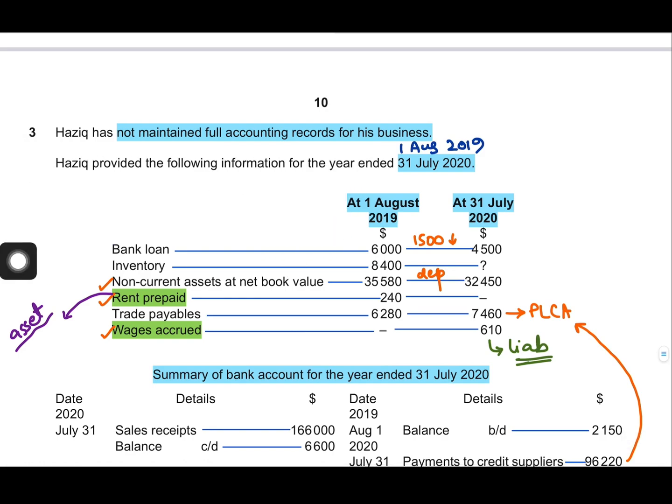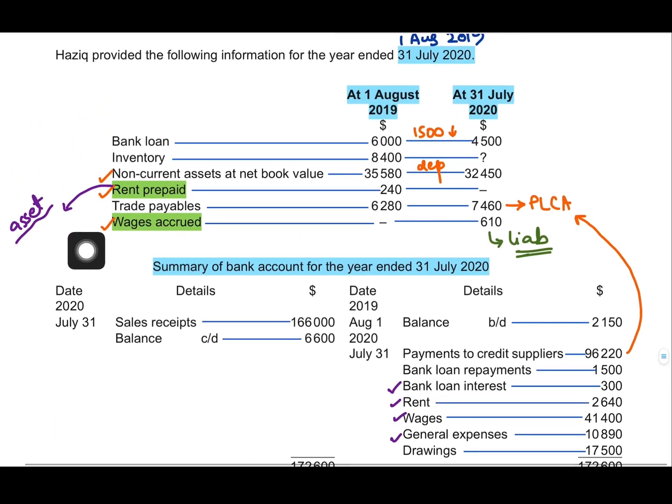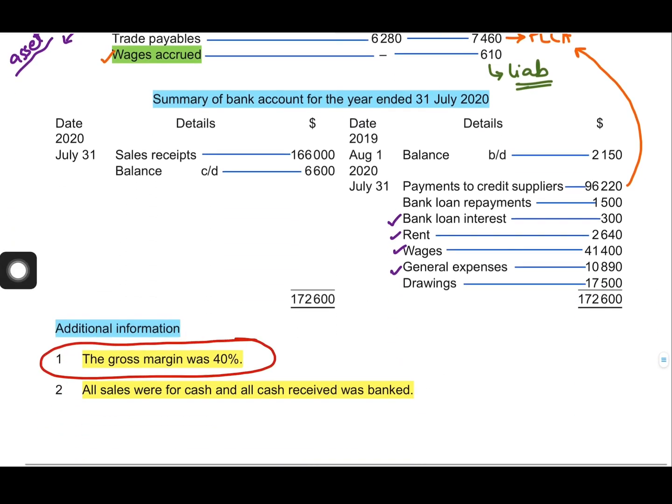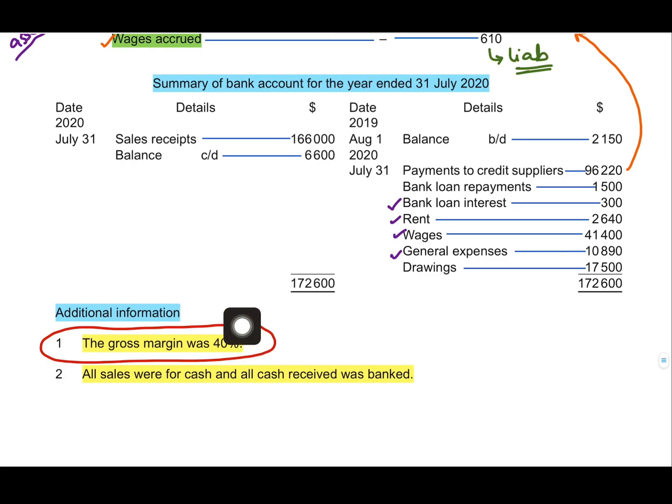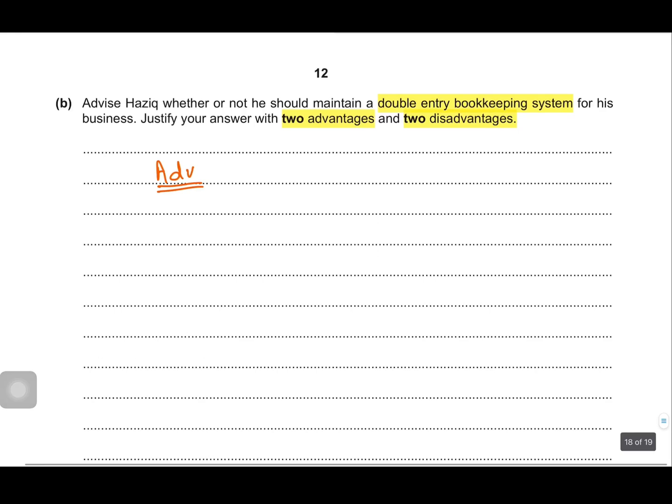That is why we prepared income statement in such a manner that we had to calculate depreciation using opening and closing balances, and we also figured out that there were some accruals and prepayments using the opening and closing balances, and of course there was no closing inventory, so we used the ratios to find that out. But if he is maintaining double entry bookkeeping records, we don't have to go through all of that hassle to find out the missing figures. Why?